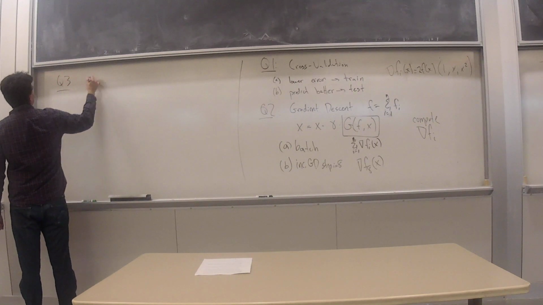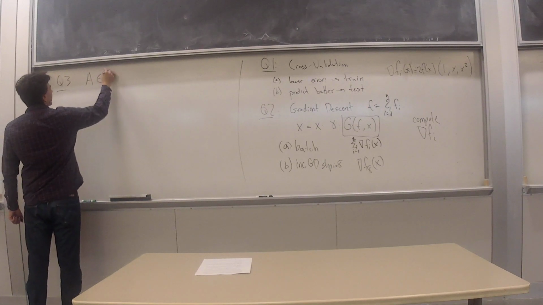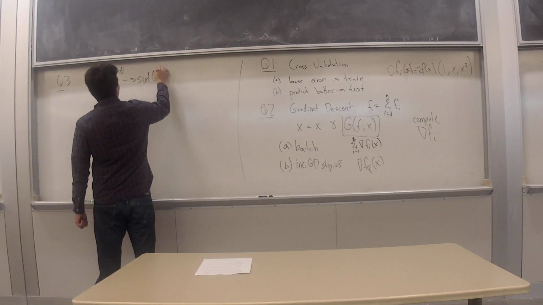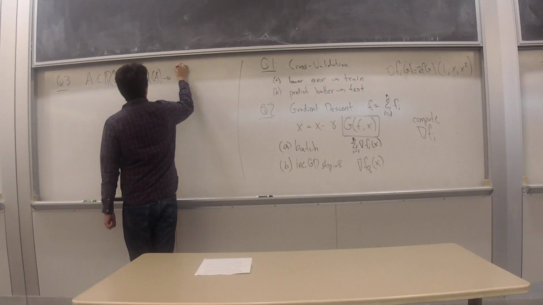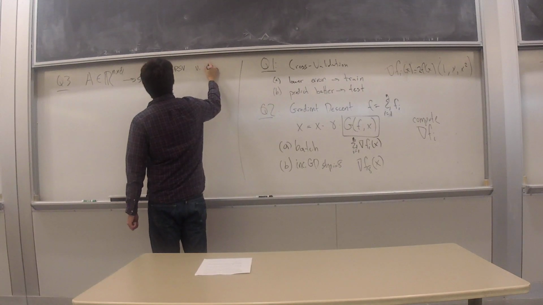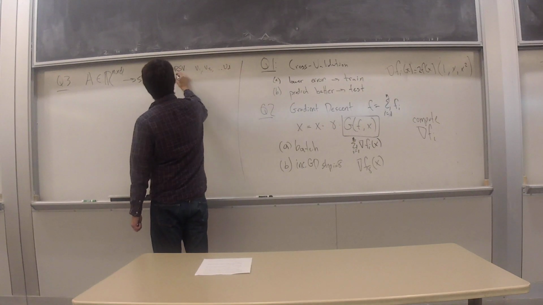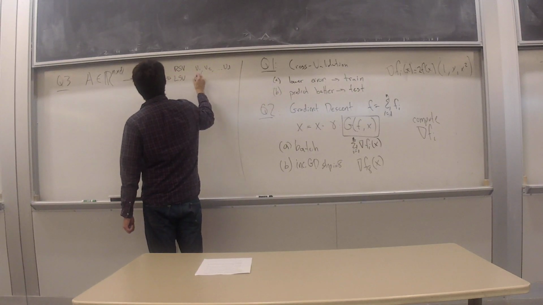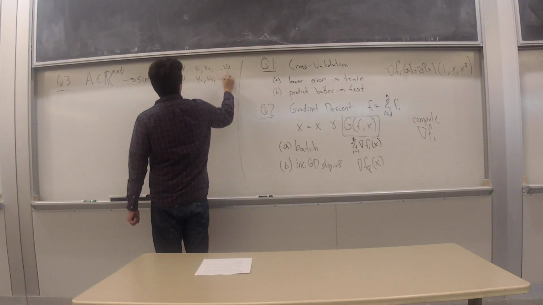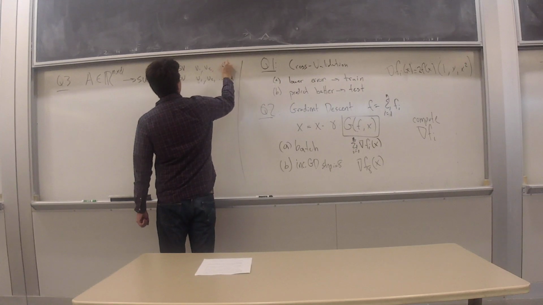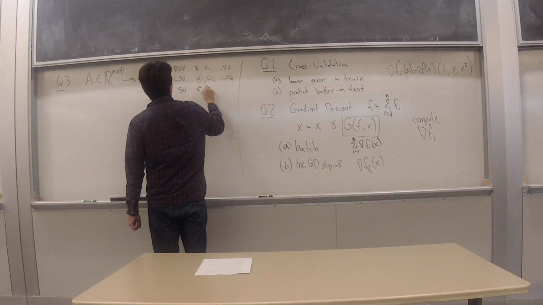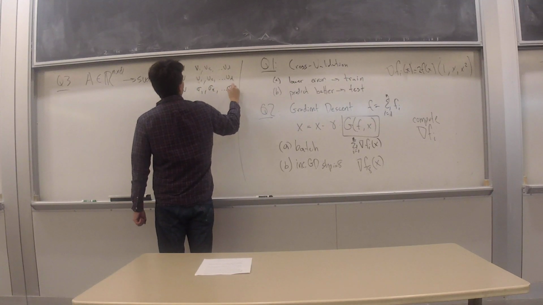Q3 said I have a matrix A, n by d, and I've run the SVD of A. Out of this I got the right singular vectors V1, V2, up to Vd, the left singular vectors U1, U2, up to Ud, and singular values sigma 1, sigma 2, up to sigma d.